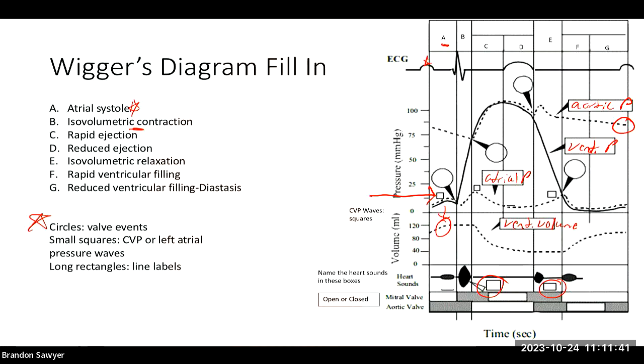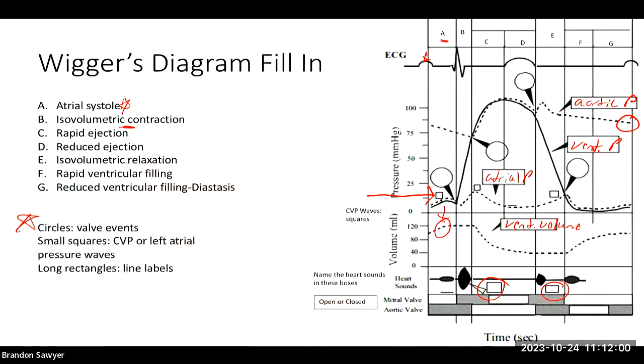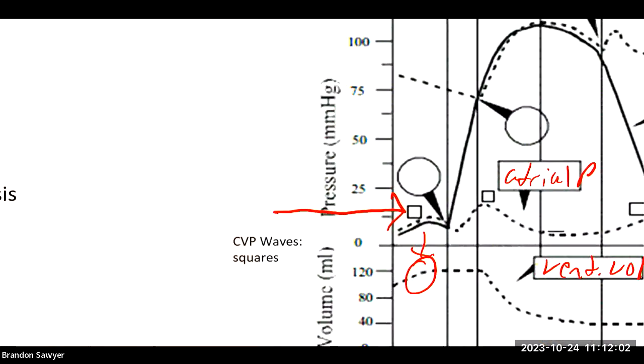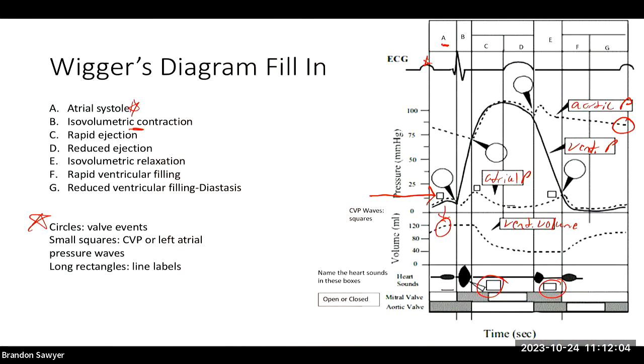Those papillary muscles pull down and hold all that pressure, which makes blood go the other way, over to the aortic valve instead. That one's still going to stay closed as well. But that first event is going to be closing of the mitral valve, so we'll say mitral closes, MC.